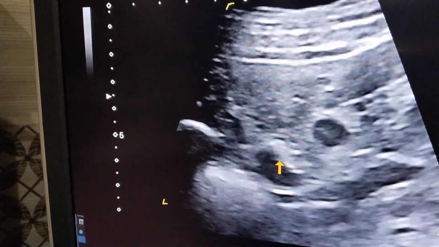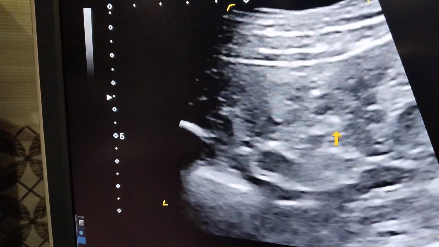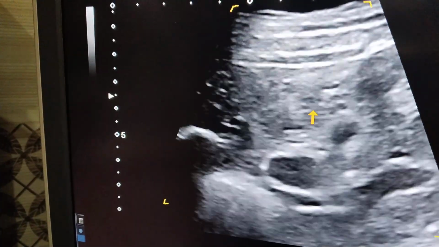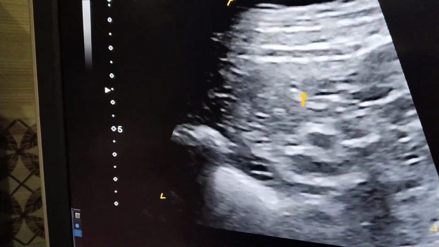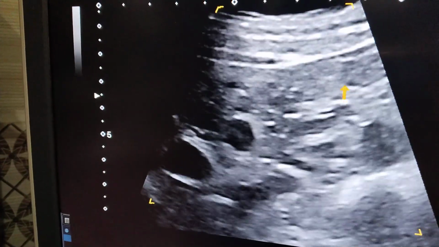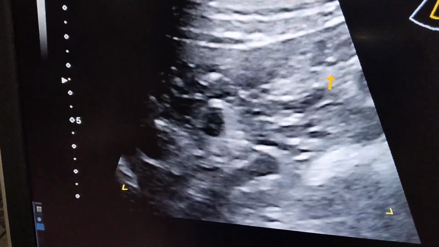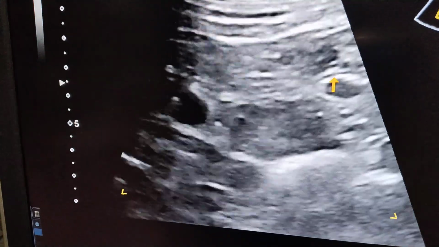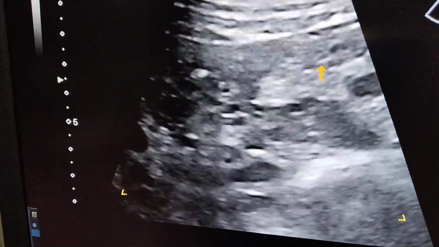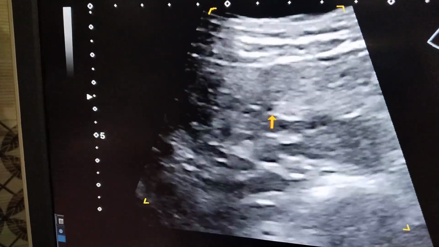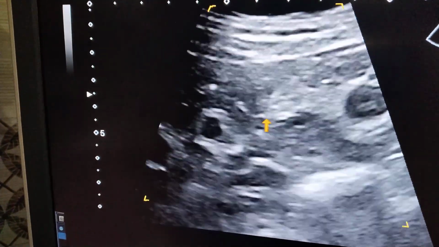Look here, this is the nodule, this is the nodule, and this is the omentum, this one. So we have seen that the omentum is heterogeneous, hypoechoic, contains multiple hypoechoic nodules.